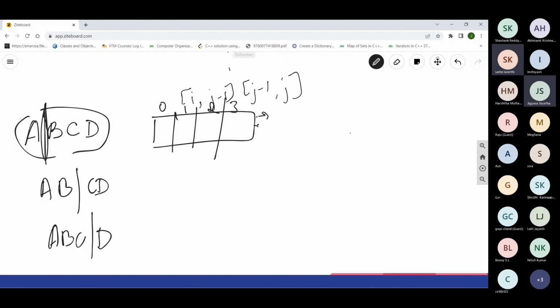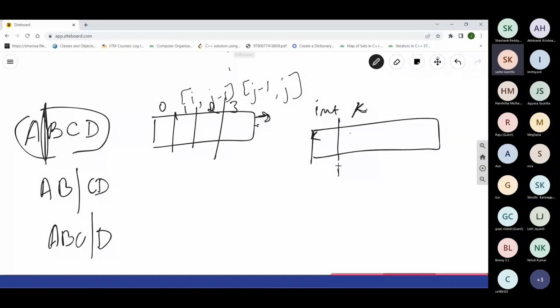So for taking care of the split, we will introduce one new parameter, an integer K, that will start from, let's say, I. If you have been given an array from I to j, you will start splitting from I till before j, that is up to j minus 1.